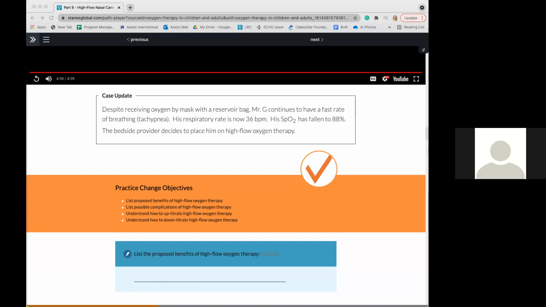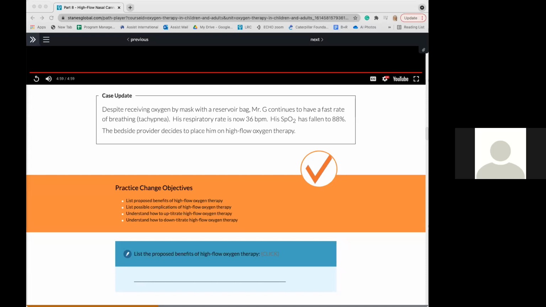We'll list some of the possible complications of high flow oxygen therapy, and also understand how to up titrate high flow oxygen therapy, as well as how to down titrate high flow oxygen therapy as well.